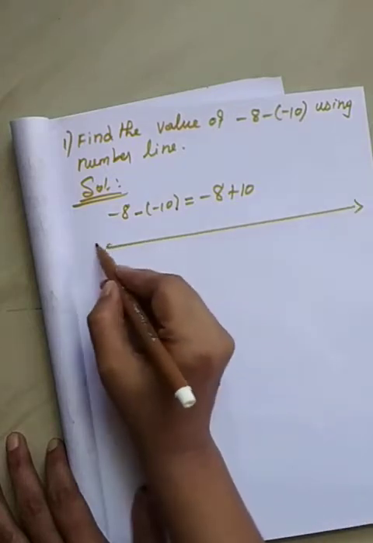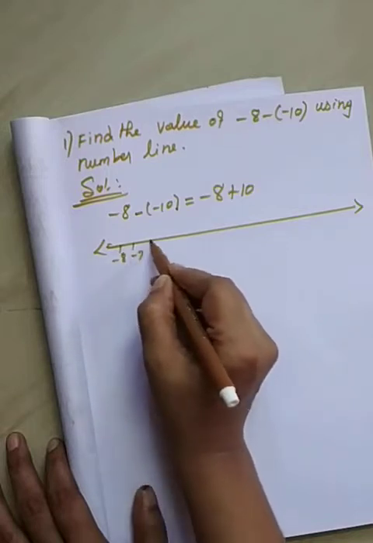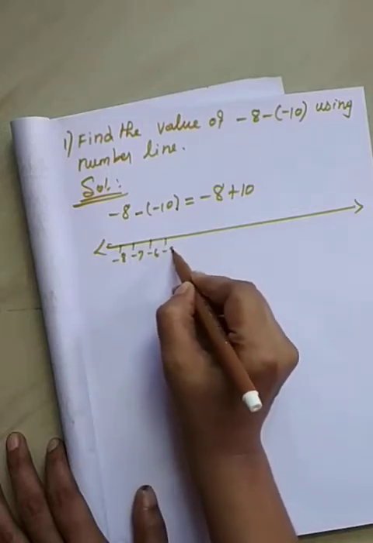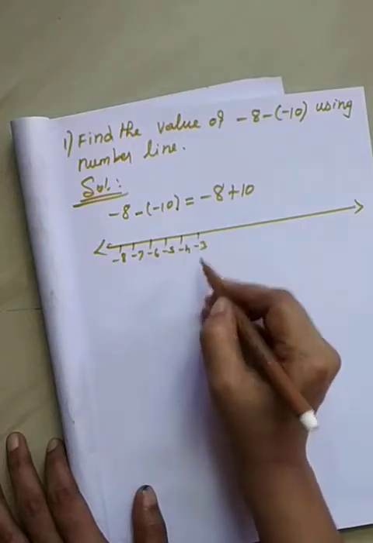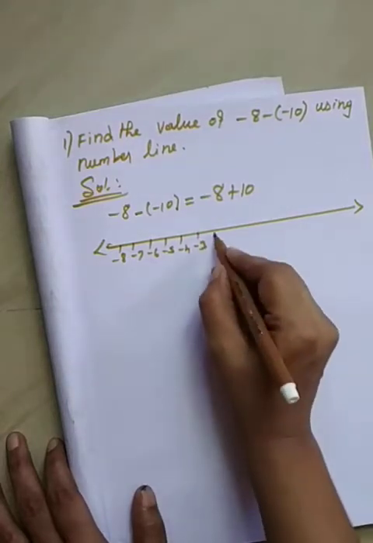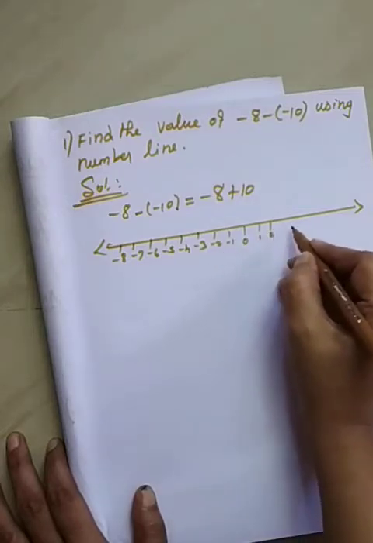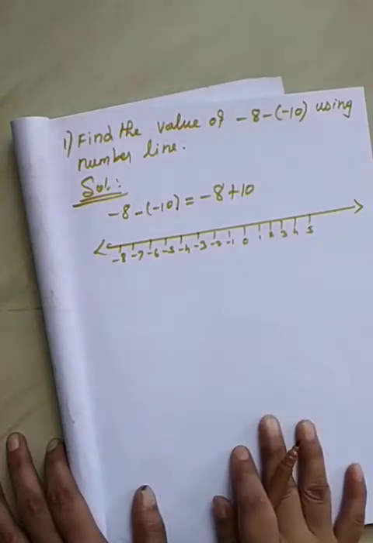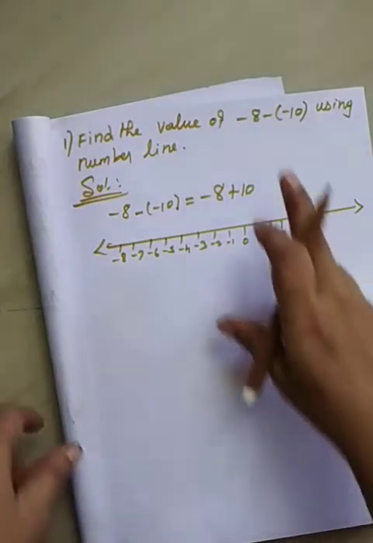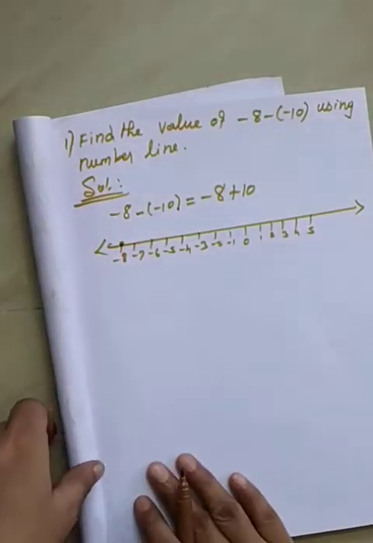See here. -8, -7, -6, -5, -4, -3, -2, -1, 0, 1, 2, 3, 4, 5. Now we have to start from -8.